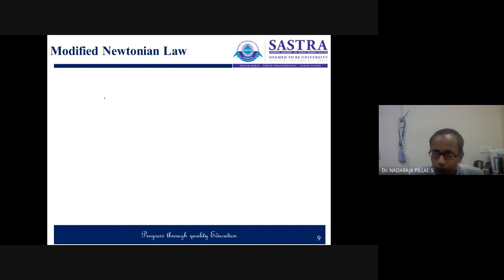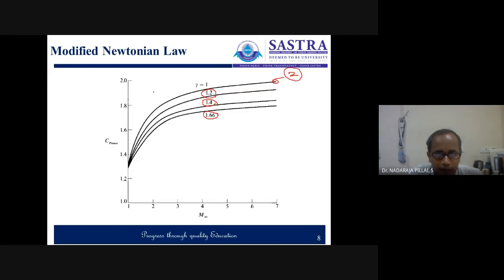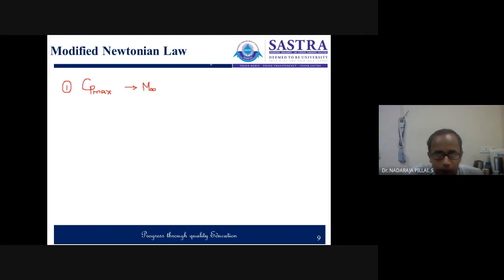There are two points we need to remember. One is the modified Newtonian law, which calculates the Cp max, which is dependent upon the Mach number M infinity, and we have seen the graph of Cp max with respect to M infinity, gamma, and so on. Second, if we consider M infinity tends to infinity and gamma tends to 1, ultimately Cp max becomes 2.